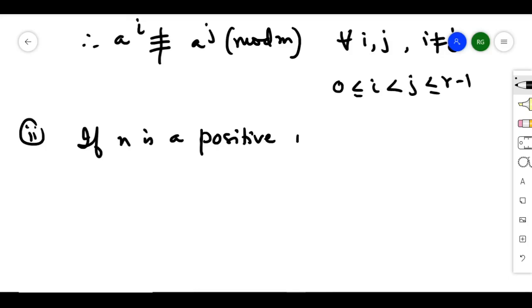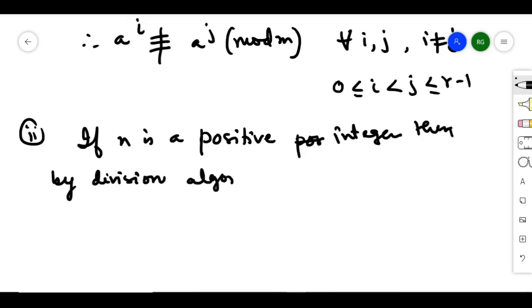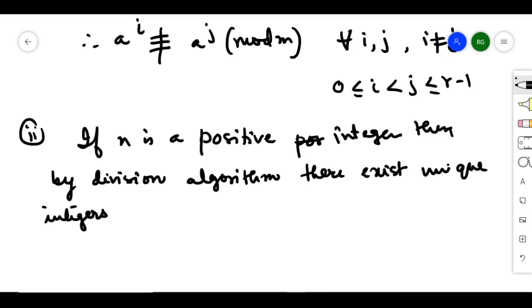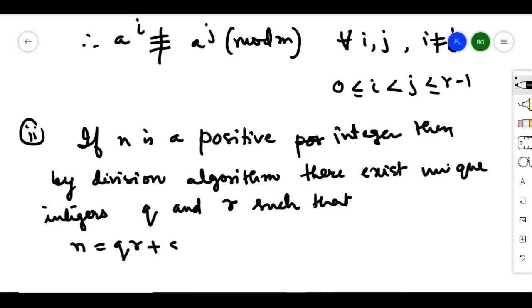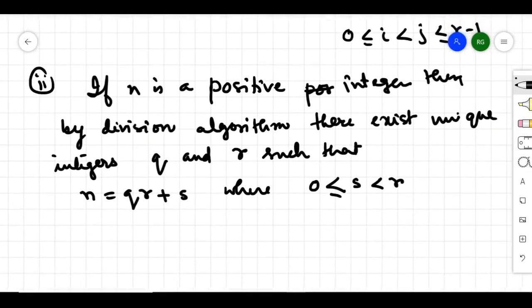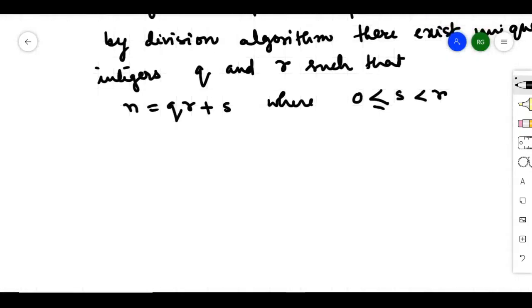So by the division algorithm, there exist unique integers q and s such that n is equal to qr plus s, and therefore a to the power n is equal to a to the power qr plus s, equal to a to the power r whole to the power q into a to the power s.